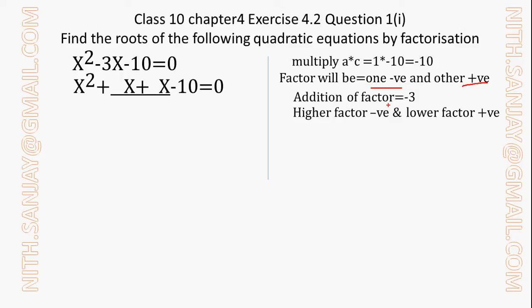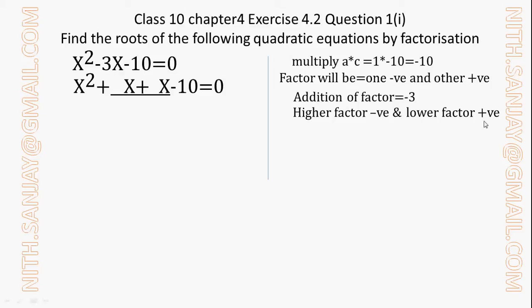The second condition says that the addition of those two factors should be minus 3, meaning the addition is negative. It means that the higher number will be negative and the lower number will be positive. When I add a higher negative number with a lower positive number, only then I can get a negative addition. So next I will make factors of 10.